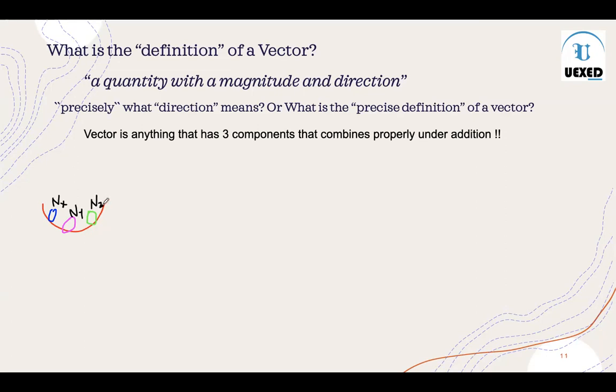Then we can always write this vector n. The notation we have used so far is a bold letter, but when we write in a copy with pen and pencil, we always put an arrowhead for a vector.